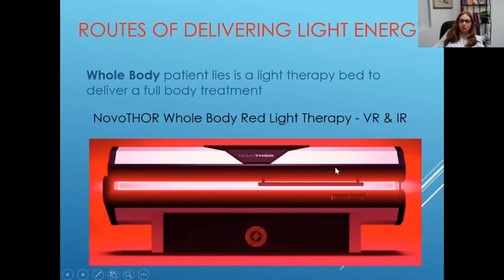And this is really the premier in this whole group, the Nova Thor, and it's a whole body red light, although they call it red light therapy, and I'm seeing that more and more. In fact, most often red light therapy is a combination of visible red and infrared.